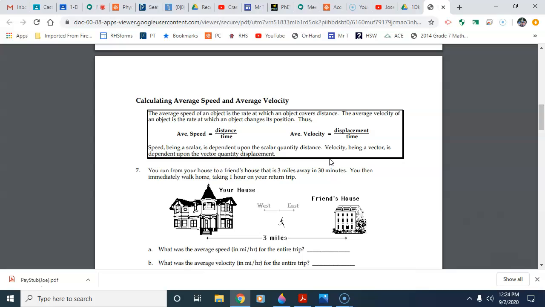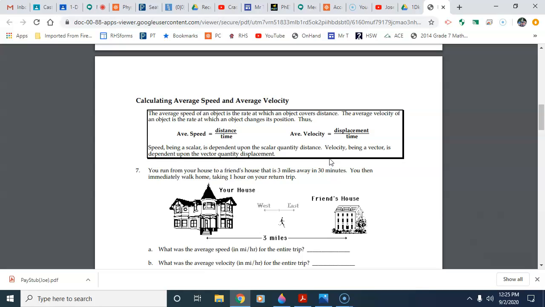So now we know speed's a scalar, velocity is a vector. There's a slight difference if we do have measuring devices and a stopwatch or information just straight up given to me to be able to run these numbers and divide them. There's a very small difference between the two formulas in words, but we now know it could be a huge difference because if we remember the difference between distance and displacement, right?